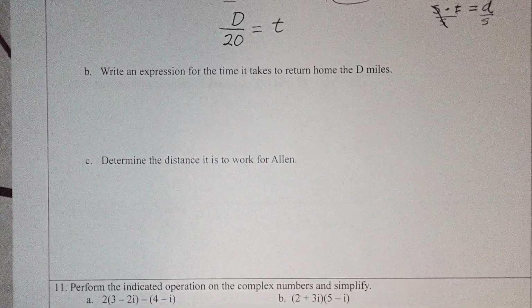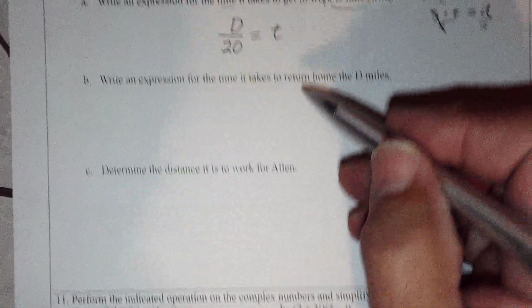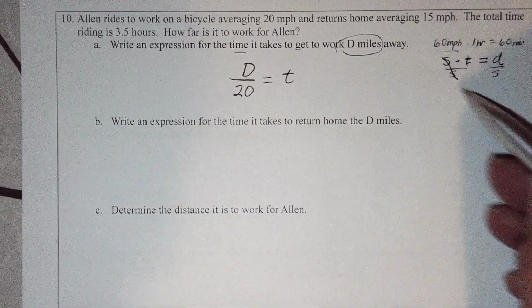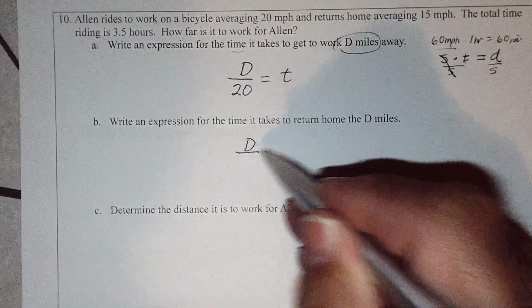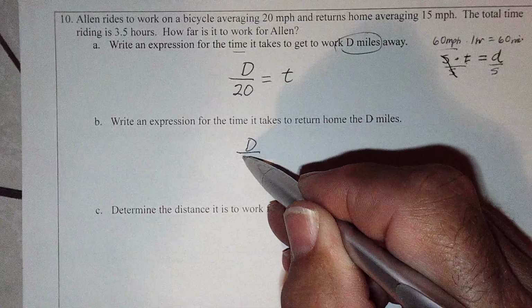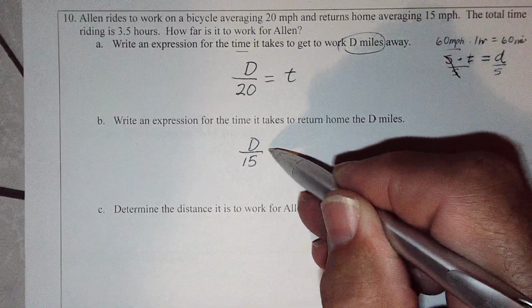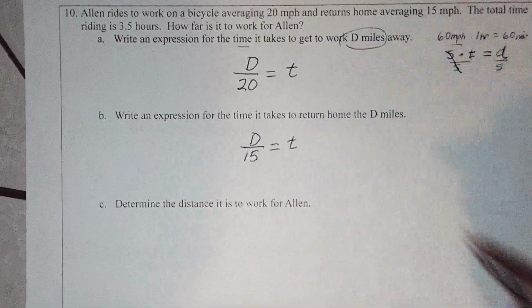Write an expression for the time it takes to return home. So by the same logic, it's going to be d, same distance, divided by 15 miles per hour. That's the time it takes to come home.